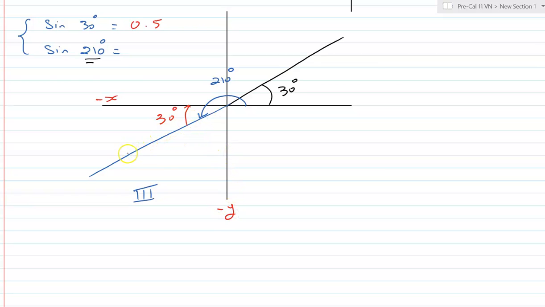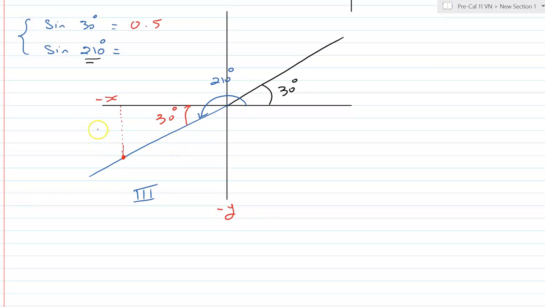So if you have a coordinate point on the graph, on the line, and you create that triangle using the terminal arm and the initial arm, or the x-axis, as part of that triangle, you notice that this is your hypotenuse.